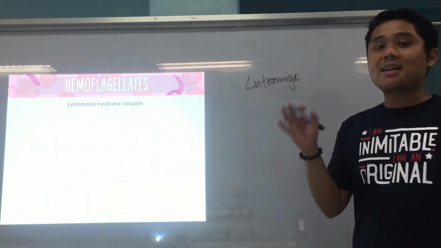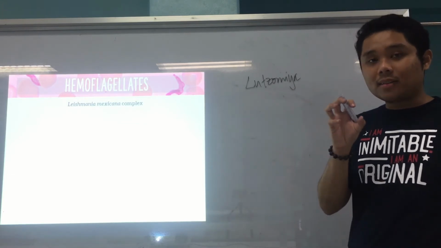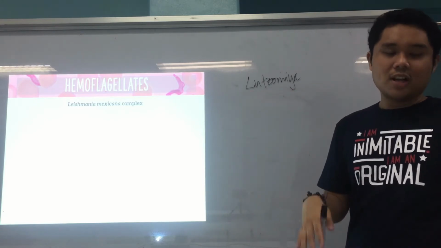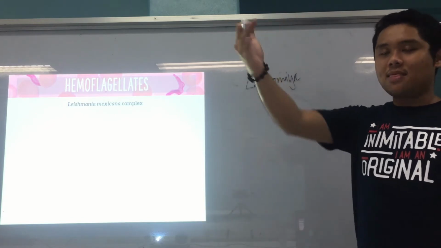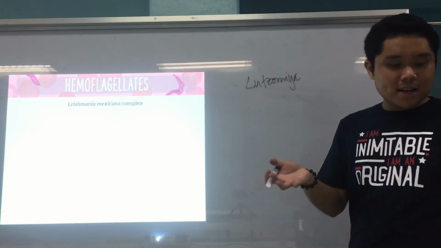Next, we go na to Leishmania mexicana. So, still the same with Leishmania brasiliensis, the parasites under this group are found usually in the Mexican region, dito sa Central America. So, the Leishmania mexicana complex, and then you have the different species under it. Example, Leishmania pifanoi, Leishmania amazonensis.